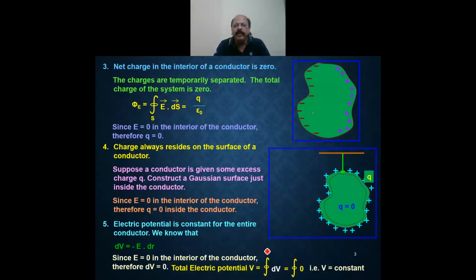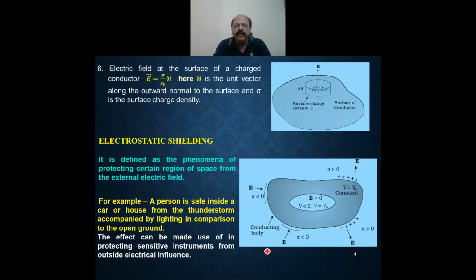Now the sixth property: the electric field at the surface of a charged conductor is given by this formula, that is E vector equals sigma upon epsilon naught n cap. Here n cap is the unit vector which acts along the outward normal to the surface, and sigma is the surface charge density.